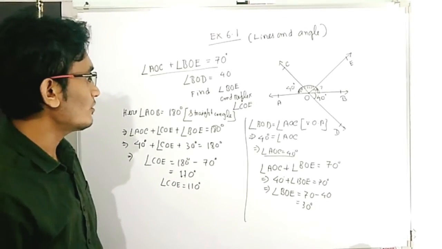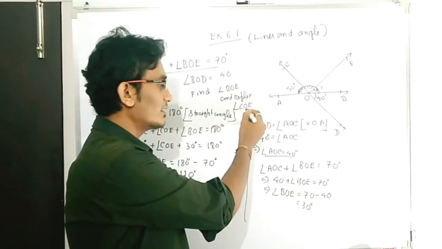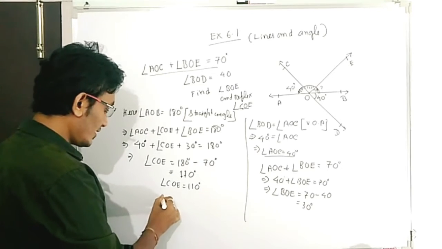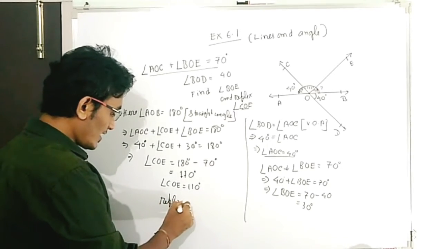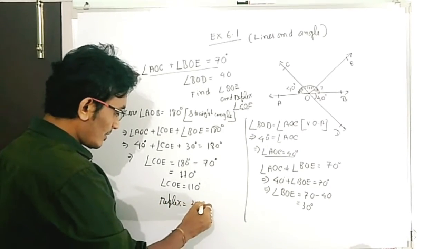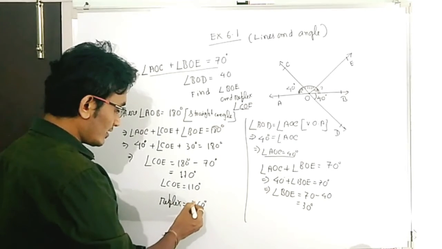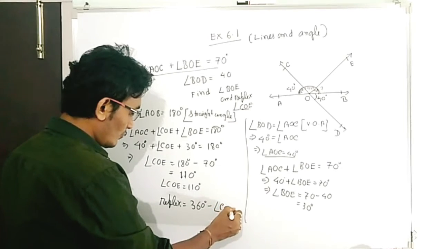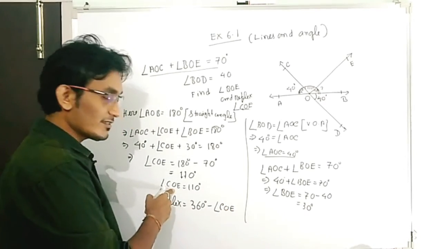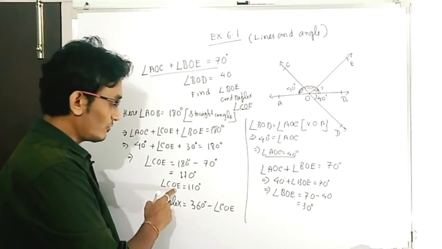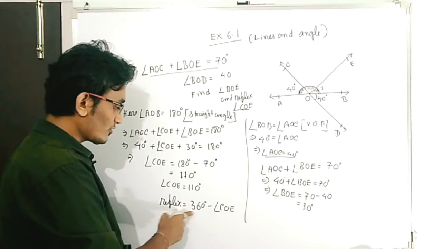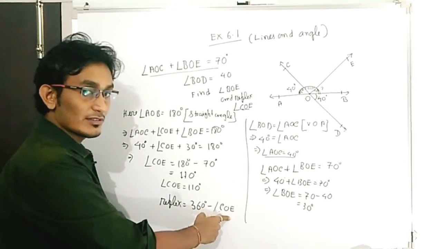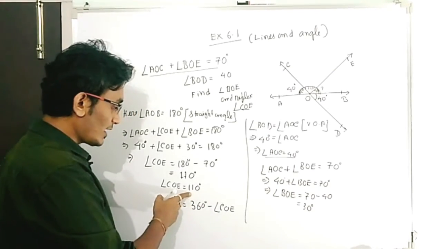But in this question we have to find the reflex of COE. How can you find the reflex? It's very simple. Reflex means we have to subtract the given angle from 360 degrees. The given angle is COE, so from 360 degrees we subtract the measure of angle COE.